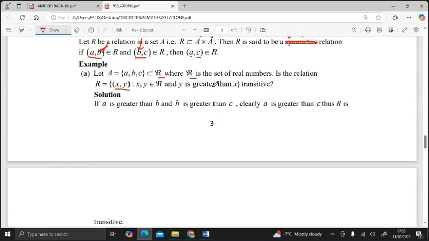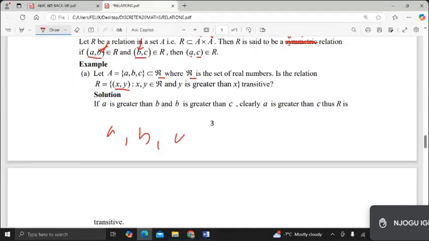We let A be a subset of the set of real numbers, and you're asked to determine whether the relation R, consisting of the ordered pairs (X, Y) where X and Y are real numbers and Y is greater than X, is transitive. In my view, indeed, it is transitive.